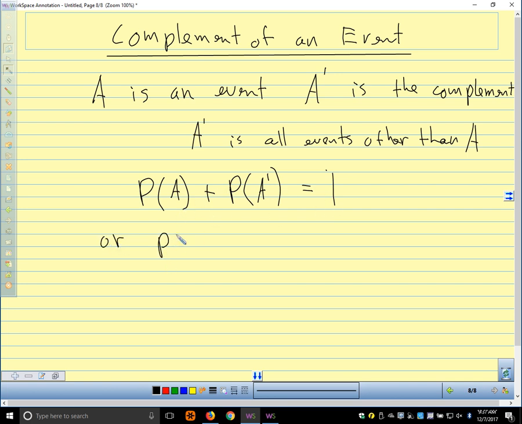We can say the probability of the complement of an event is 1 minus the probability of the event. And this is useful because sometimes it's easier to calculate the probability of a complement than it is to calculate the probability of an event. And then you can use this relationship to find the probability of the thing you're interested in.